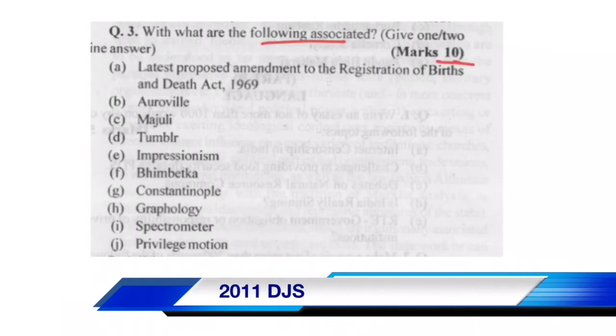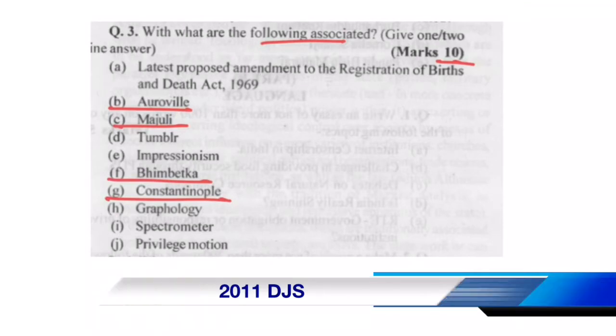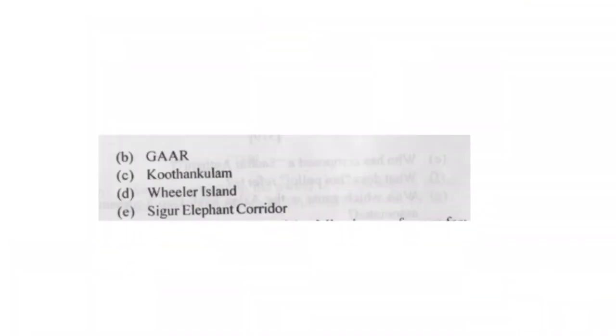Then 2011 again, Delhi Judiciary paper, you can see they've again asked places like Auroville, Majoli, Bhimbetka, Constantinople. So these places can be something which are capitals or which have been famous for one reason or another, like Kundankulam, which was in the current news at that point, and Wheeler Island.